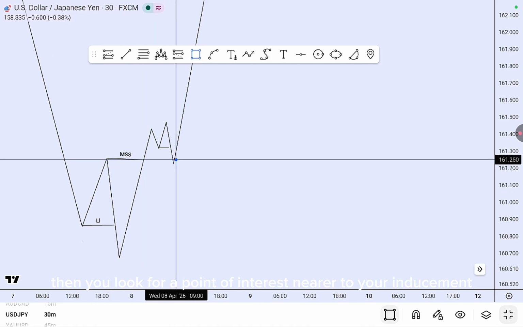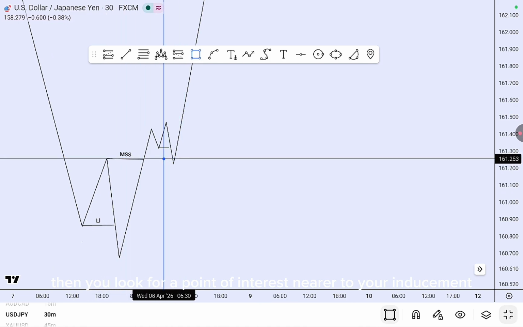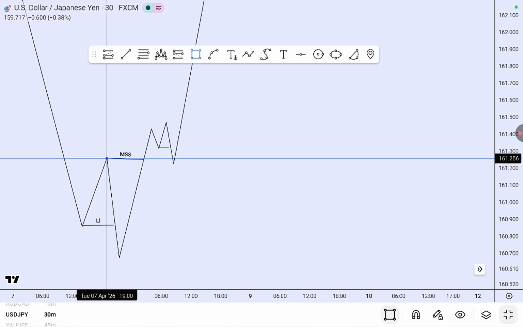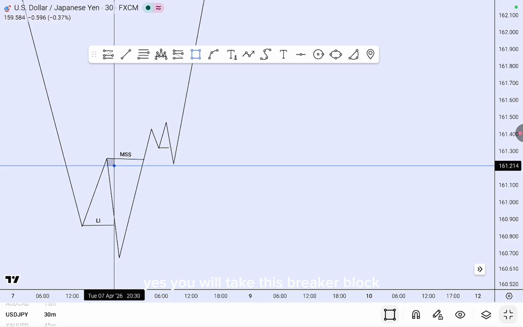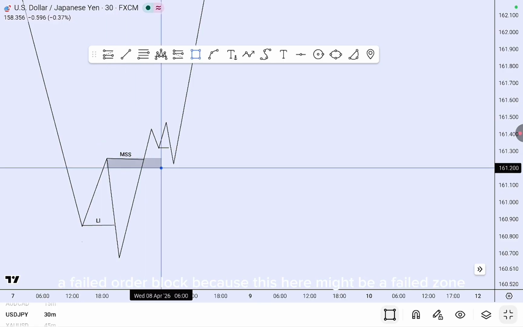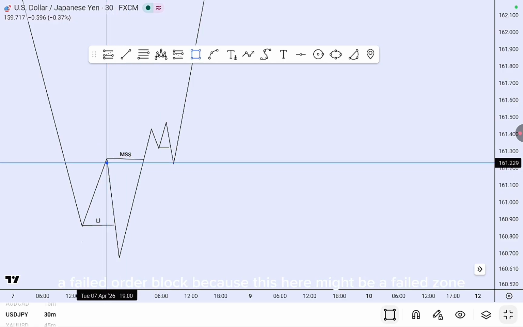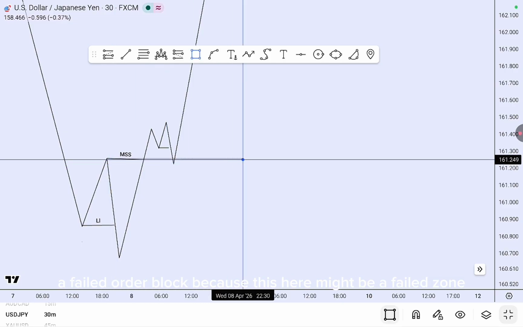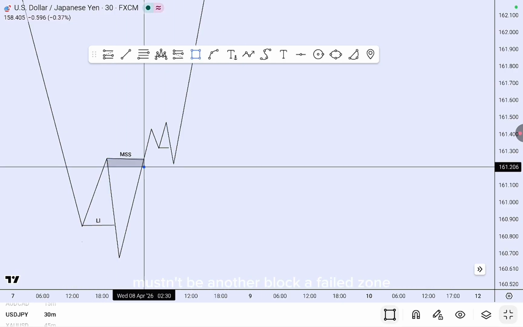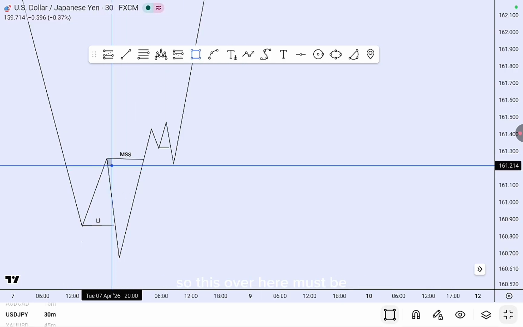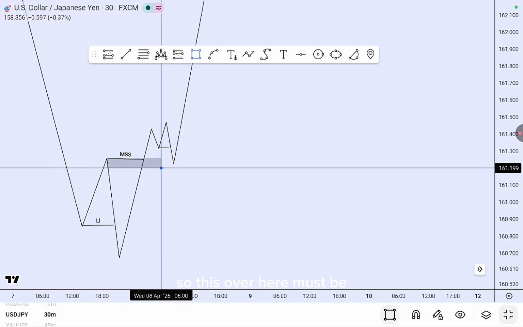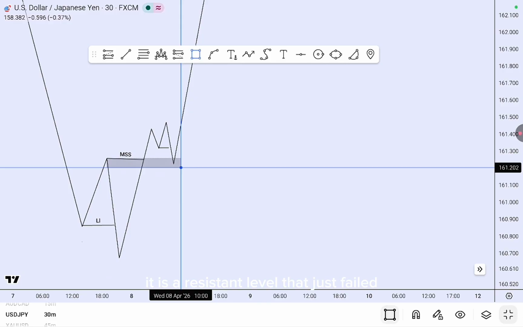Then you look for a point of interest nearer to your inducement. Yes, you will take this breaker block, because there will be a breaker block here, a failed order block, because this here might be a failed zone, without another block, or just a resistance level that just failed.